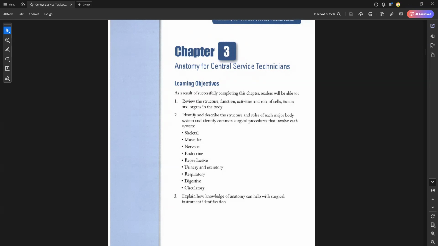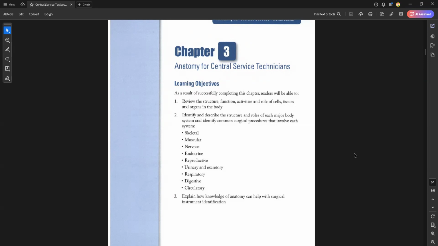So in this chapter, we are going to look at the skeletal system, muscular system, nervous system, endocrine, etc. Let me give you some basic understanding of this. When we say anatomy, we are going to look at the human composition, how the human being is composed.